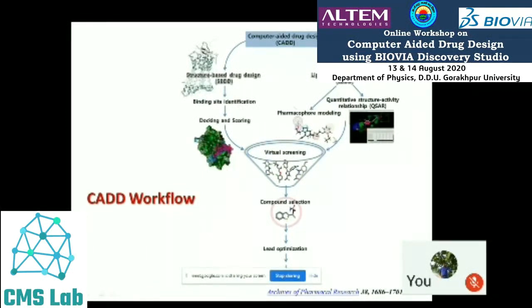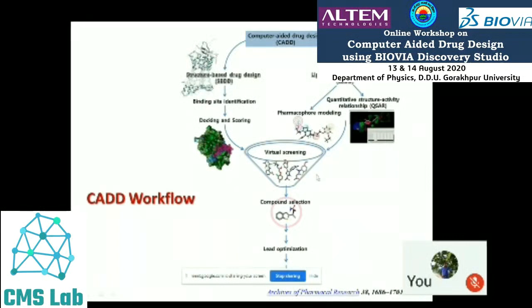Coming back, whether you go for structure-based or ligand-based drug design, you have to screen a lot of molecules. There are millions of molecules available in many databases. If you want to identify novel molecules from the known molecules, you can go for virtual screening, either structure-based or ligand-based.